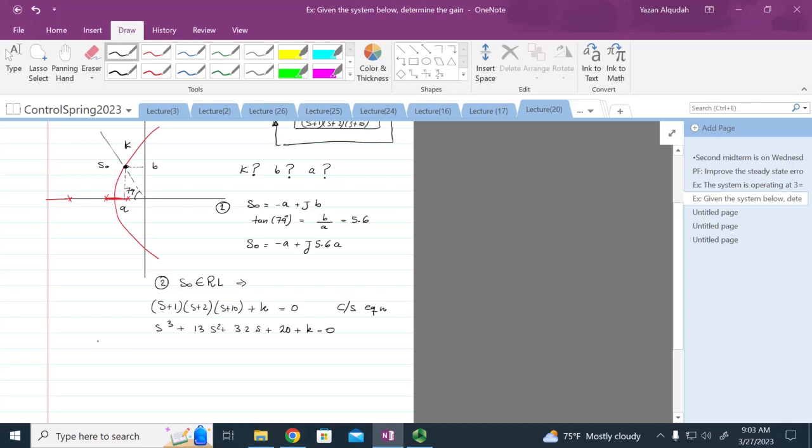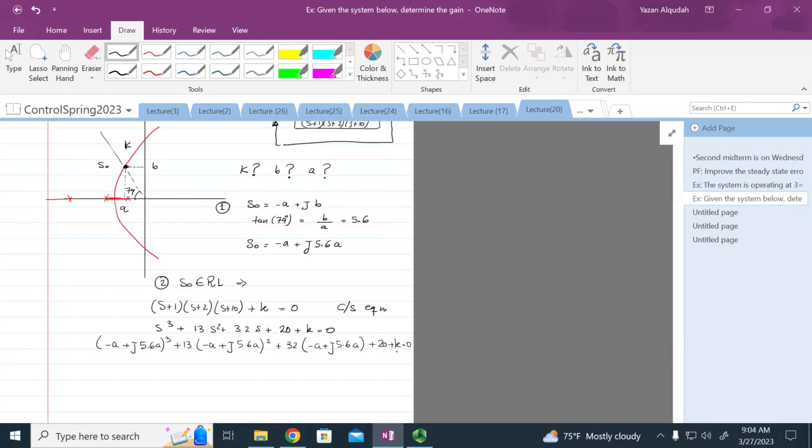So therefore, I'm going to come to S0 and say negative A plus J 5.6 cubed multiplied by A, together.